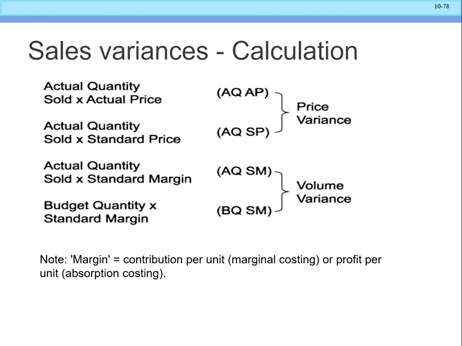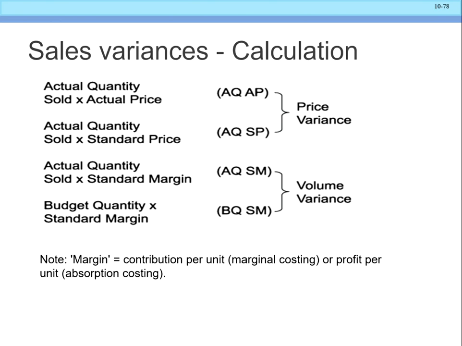Notice that for the price variance, we use the actual quantity that we sold times the actual price that we charged, and the actual quantity that we sold times the standard price. The difference between these two figures is our price variance.